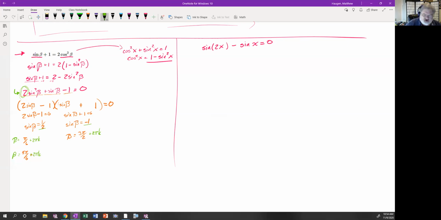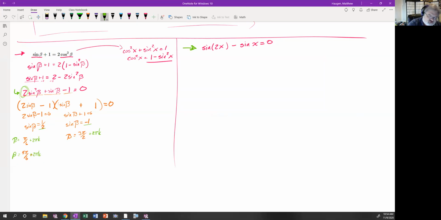Real quick before I let you go, another use for some of these double angle formulas and angle sum and difference formulas. If we wanted to solve this for x, that sine 2x is really kind of in our way.